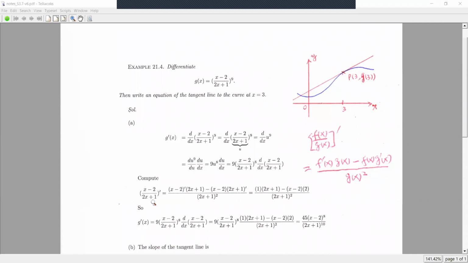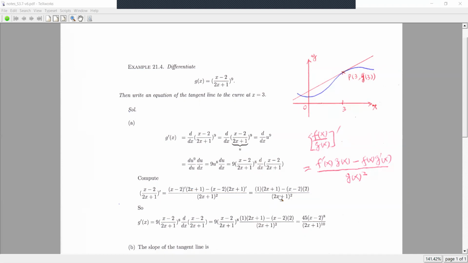By the quotient formula, the derivative is derivative of the top, the top is x minus 2, times the bottom, bottom is 2x plus 1, minus the top times the derivative of the bottom, then all divided by the bottom squared. The derivative of x minus 2 is 1. The derivative of 2x plus 1 is 2. So this is the result of this derivative.